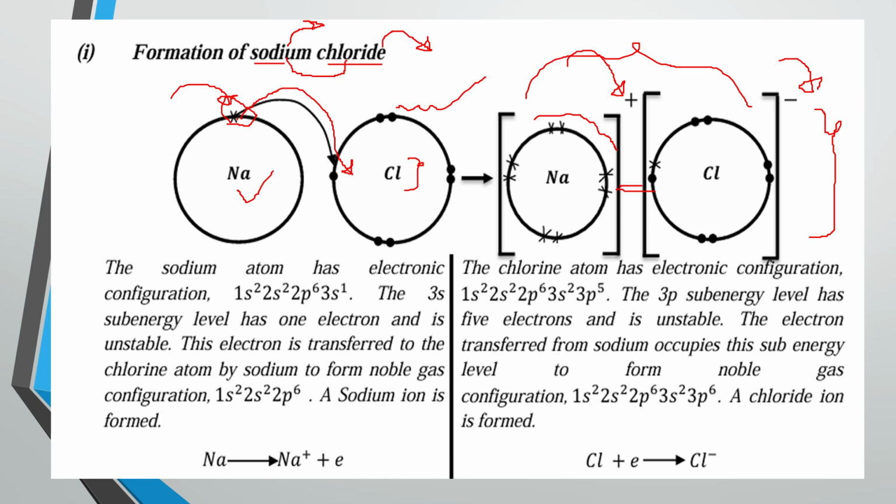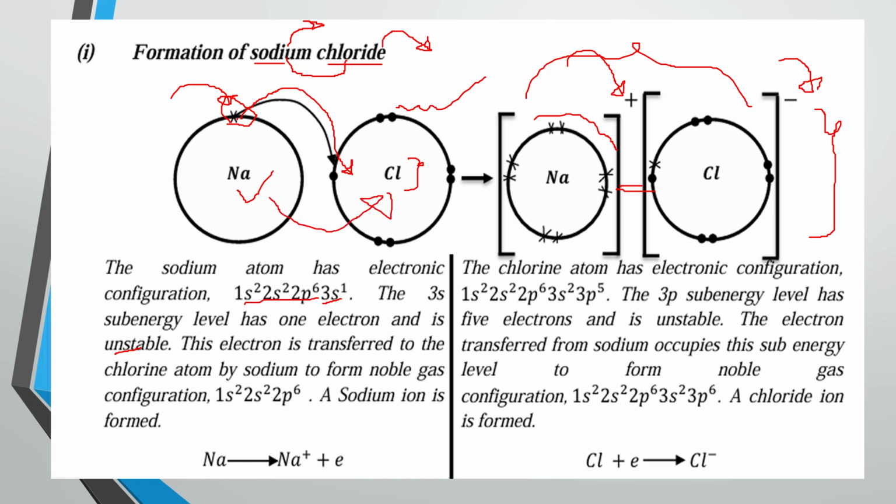So the sodium atom has an electronic configuration of this, together with the 3s. If you look at the electronic configuration of sodium, the 3s subenergy level has only 1 electron, which makes it very unstable. So this electron is easily going to be lost to the chlorine atom, forming an ionic bond.